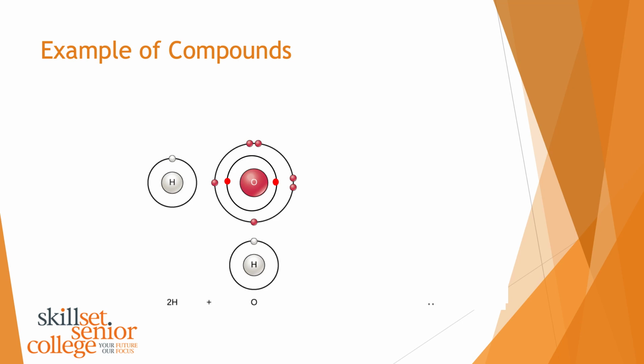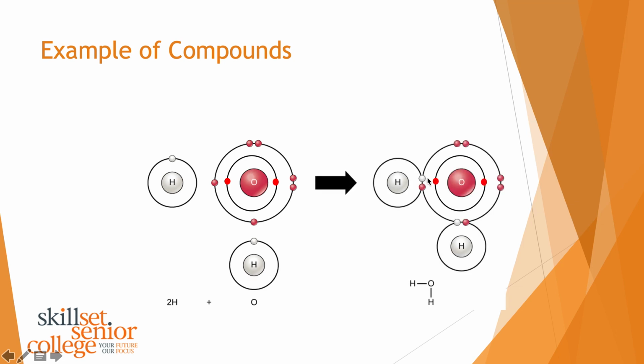Like we just said, hydrogen has 1 valence electron, and this hydrogen also has 1 valence electron. If we look at oxygen, we know it's number 8, so it has 1, 2, 3, 4, 5, 6, 7, 8 electrons. It wants to gain 2 electrons to be stable as well. Oxygen can find these 2 electrons by taking the electrons that hydrogen has, or sharing the electrons, I should say. So we have 2 H and 1 O, and we combine them together here.